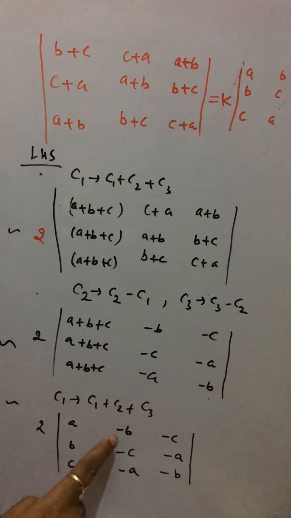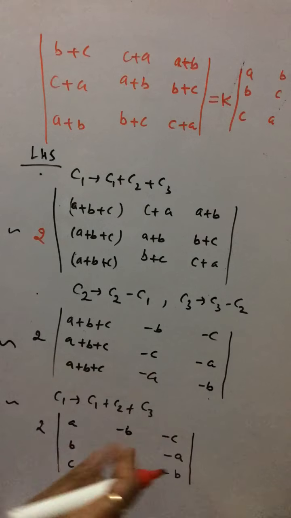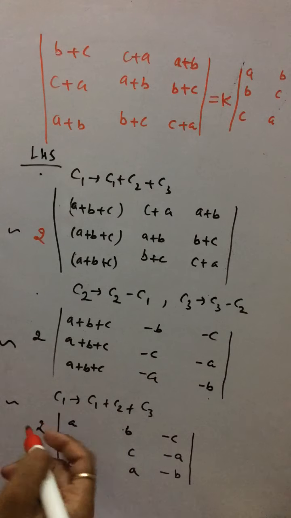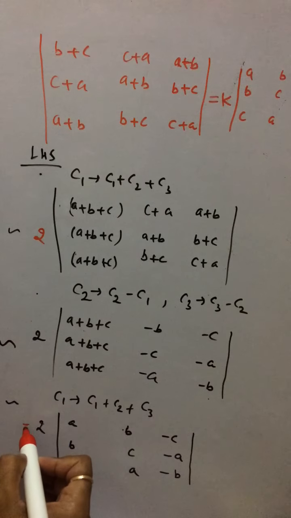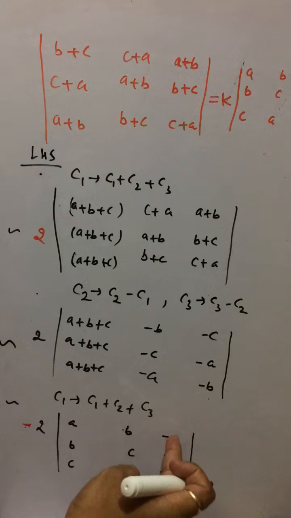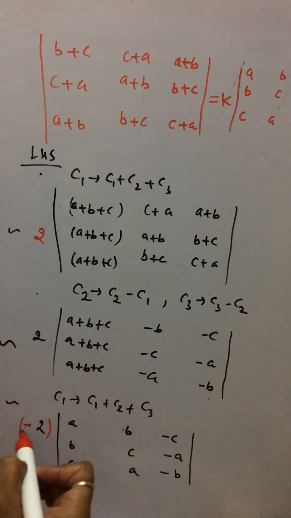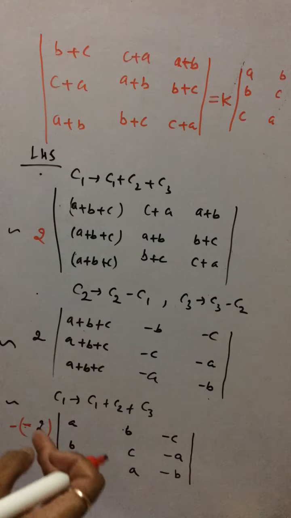When you take out minus 1 from column 2, the minus will come out like this. And when you again take out minus 1 from column 3, again a minus comes out here, and minus minus will become plus.